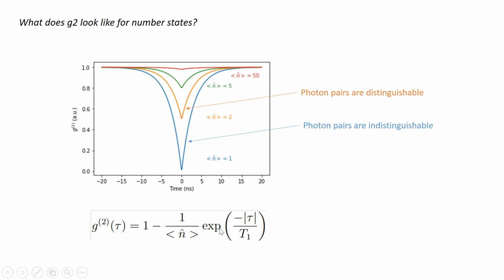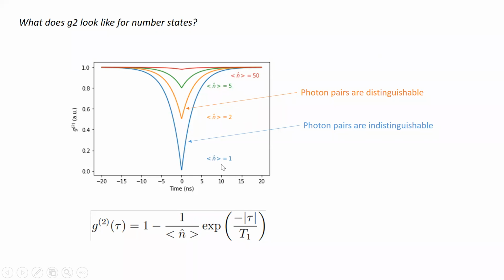Down the bottom here is the general formula for what these curves look like when there are no noises or extraneous sources. This notation is the expectation value of the annihilation operator operating on your photonic field or state. So basically the dip changes according to the photon number state incident on the beam splitter in your standard HBT setup.